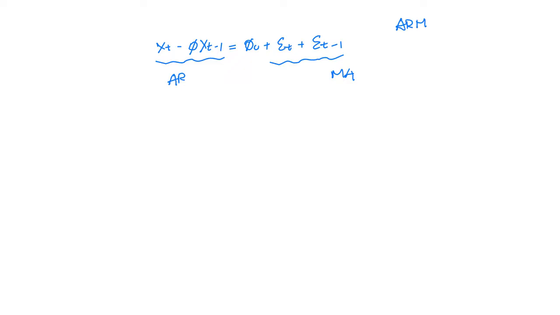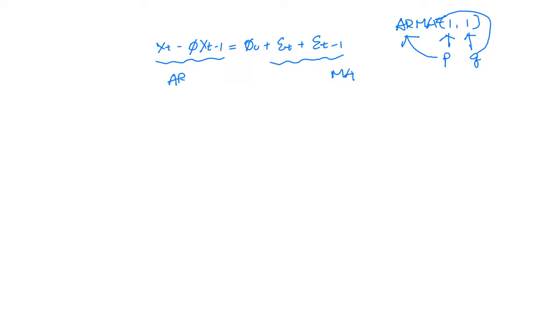This one we usually specify as P, and this one we usually specify as Q. So P is the degree of AR, Q is the degree of the MA.